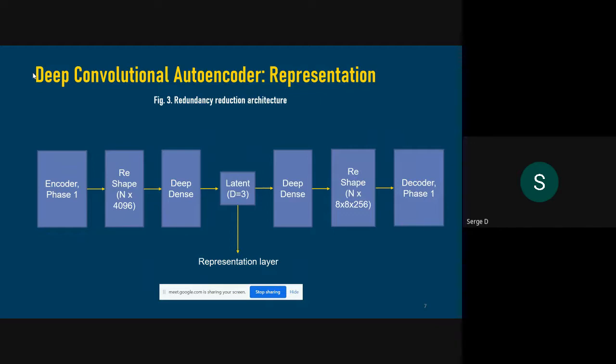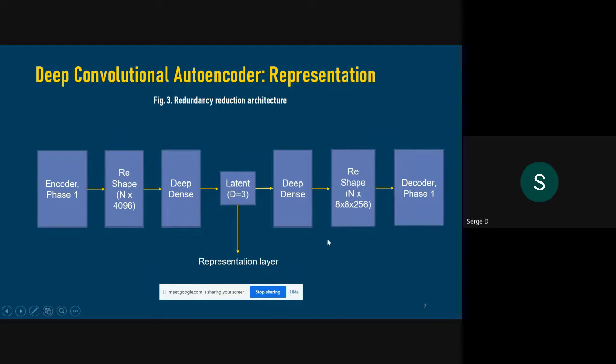So on the output, we should obtain a numerical vector of the same dimensionality as the input. And the training, which I'm going to talk about a bit later, is intended to reduce the error measured by a cost function between the input and the output sets.